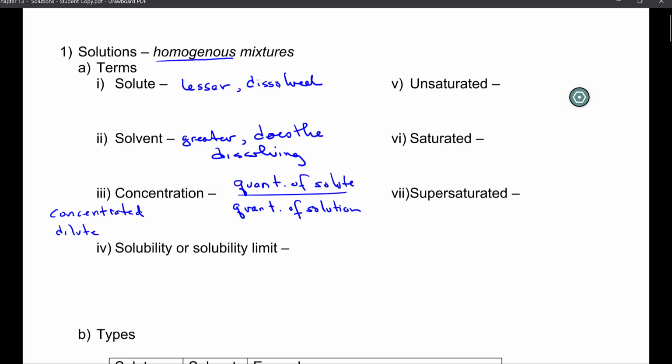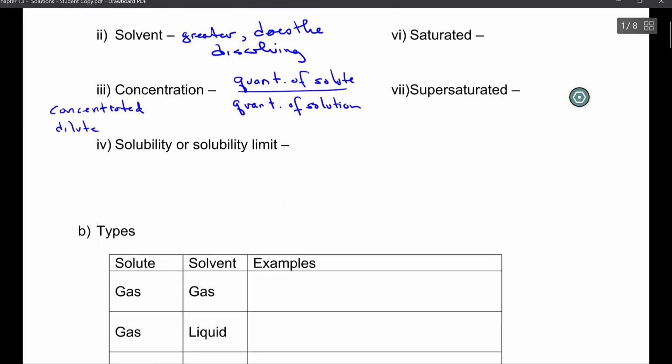Now, as you make solutions, you have to add the solute to the solvent, and at some point, for most solutes, not all solutes, but for most, you reach a point at which you can't dissolve any more material. We call this the solubility or the solubility limit.